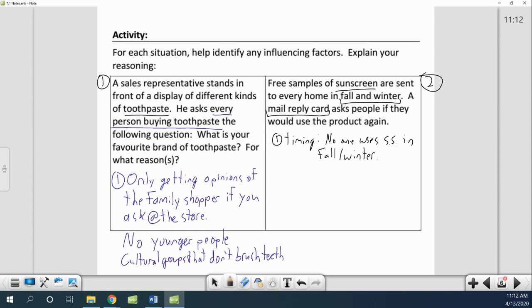And even if they did, two, you've got, what would we call this? Right to refuse. How many people will actually write back?